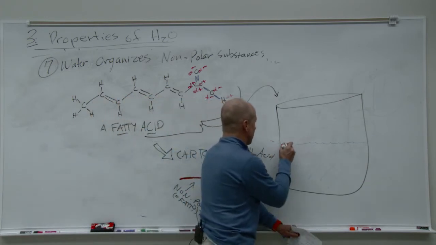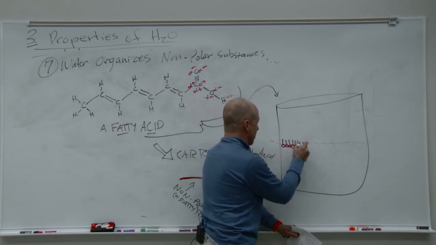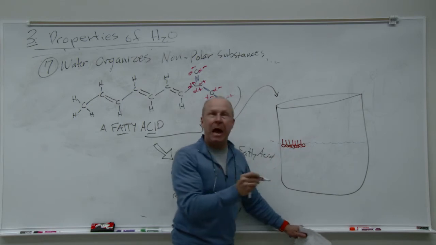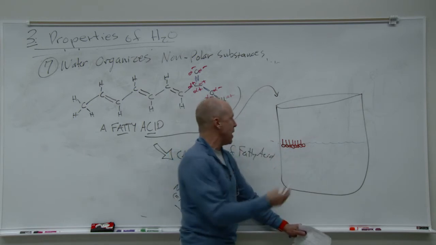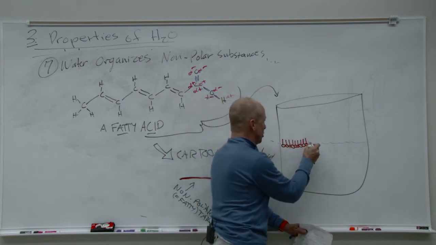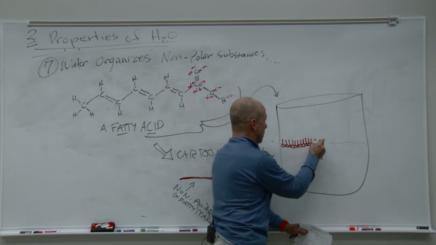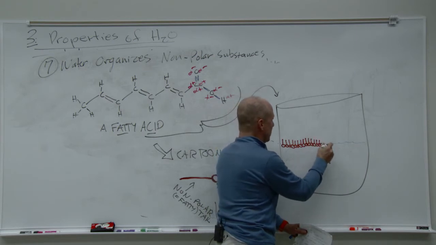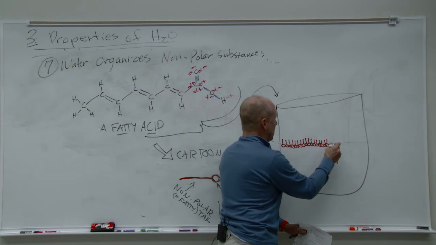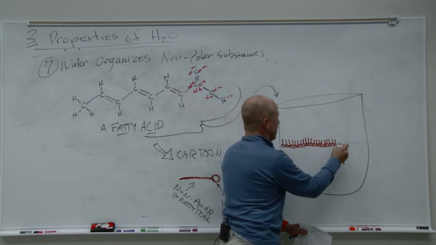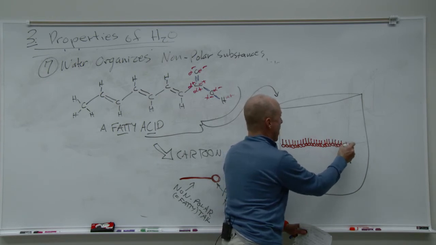So here's what happens. All these molecules are going to dive into the water, and water will organize them as a monolayer on the top with their tails shooting straight up. So we've poured this stuff into the water, and it accumulates on the surface in a very directional way.